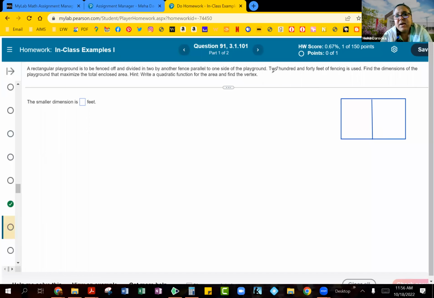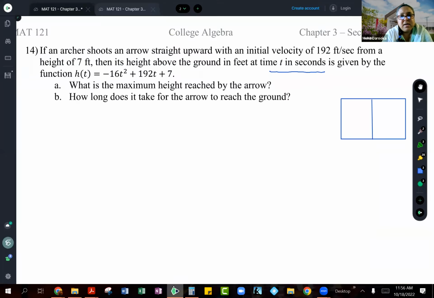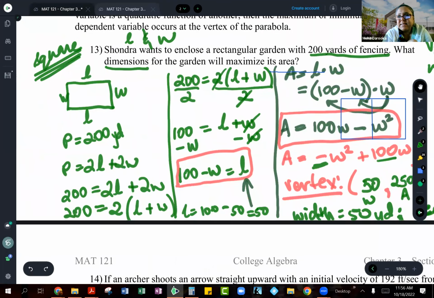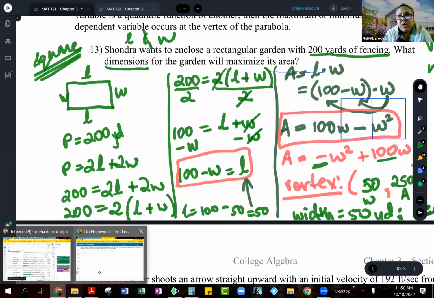240 feet of fencing is used. Find the dimensions to maximize the enclosed area. So as you can imagine, this is very similar to the example we did over here. The only difference is we didn't divide this in the center, like we are doing here.